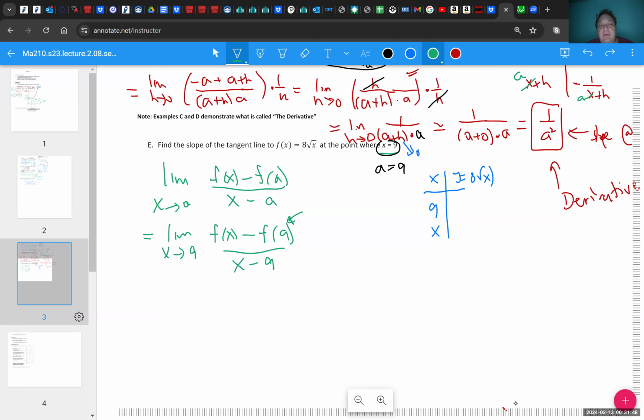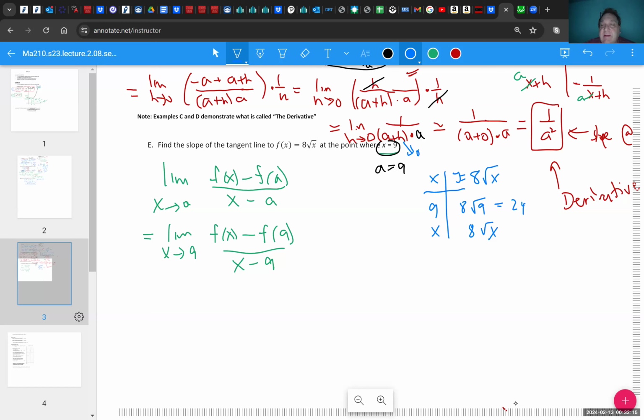So those are the two input values we put into the formula 8 times the square root of x. Looks like I've written this a little sloppy, so let me try this a little better here. 8 root x. All right, I plug in 9. I'm going to get 8 times the square root of 9, which is 8 times 3, 24. When I plug in x, I just get 8 root x.